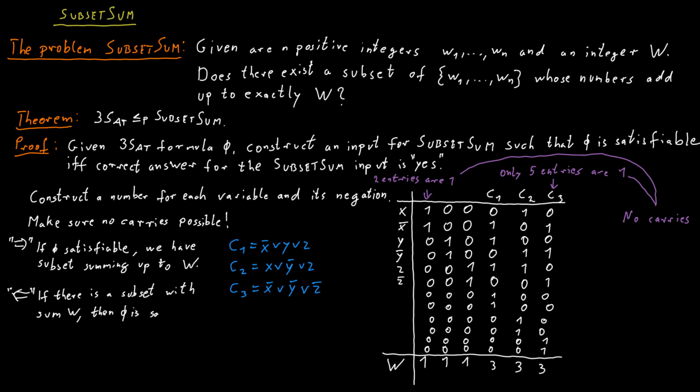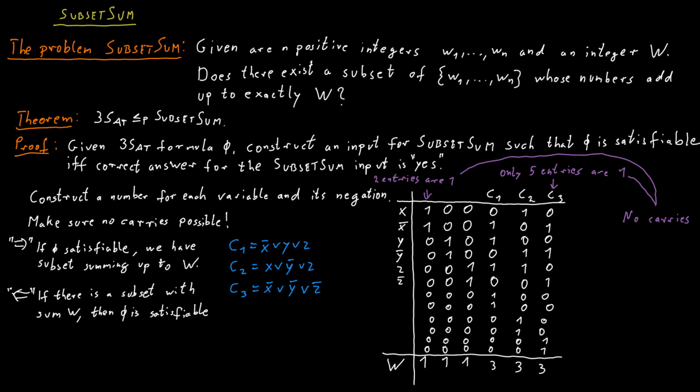Now for the other direction, if we have a subset that sums up to exactly our target value, then there should also be a satisfying assignment. So what is a satisfying assignment? Well, we take the subset that sums up to the target value. We know that that subset includes, for each variable, either the number that corresponds to that variable or the negation of that variable, because we reach the correct target values in the first few columns.